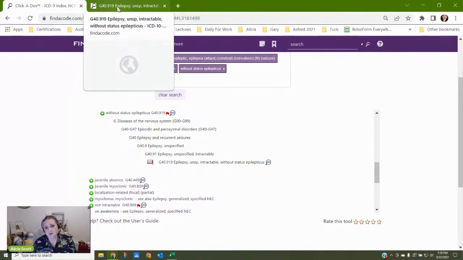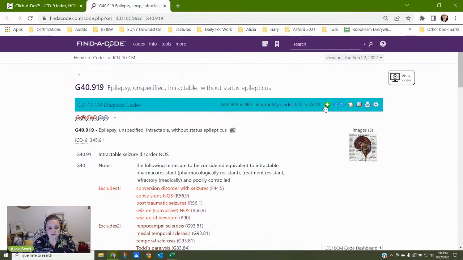G40.919. Now that we've got the code in the index, let's go look it up in the tabular to verify it and make sure there's not any tweaking we need to get to the proper code or the highest specificity, or if there's any additional information. You might see a guideline that says code first or code in addition.